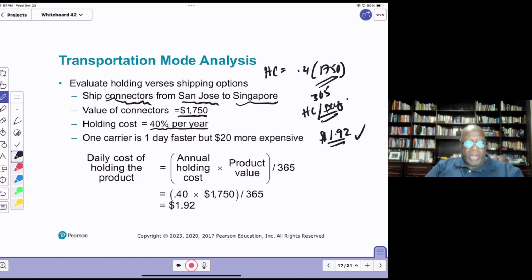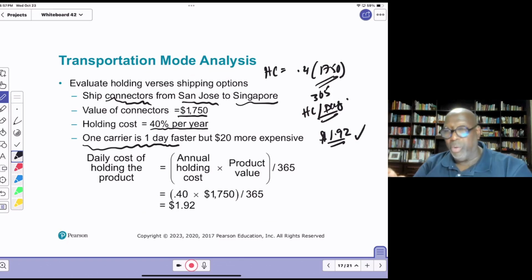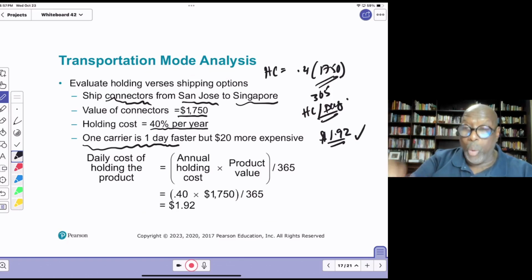All right. Now, it turns out that one of the two carriers can actually get the product there a day faster. Is it worth it? Well, if you can get it there a day faster, it means that I'm incurring holding costs for at least one extra day. So let's see. Compared to the one that could get it there a day faster, I would save 1 day of holding costs. But at what cost would I save that 1 day of holding costs?